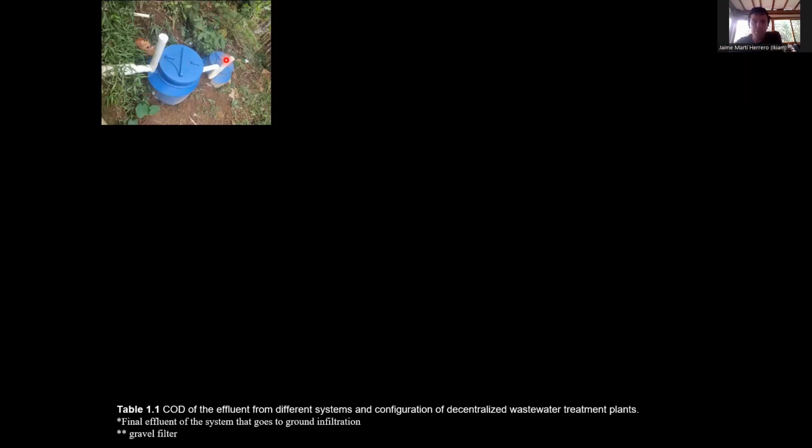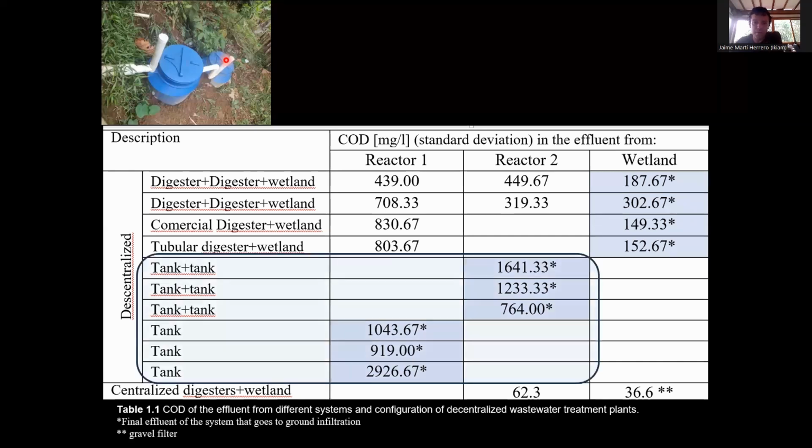So we have been measuring them, and what we found is when they have only 1 tank, the chemical oxygen demand is very, very high. The regulations say that we need only 250 milligrams per liter to be considered treated.